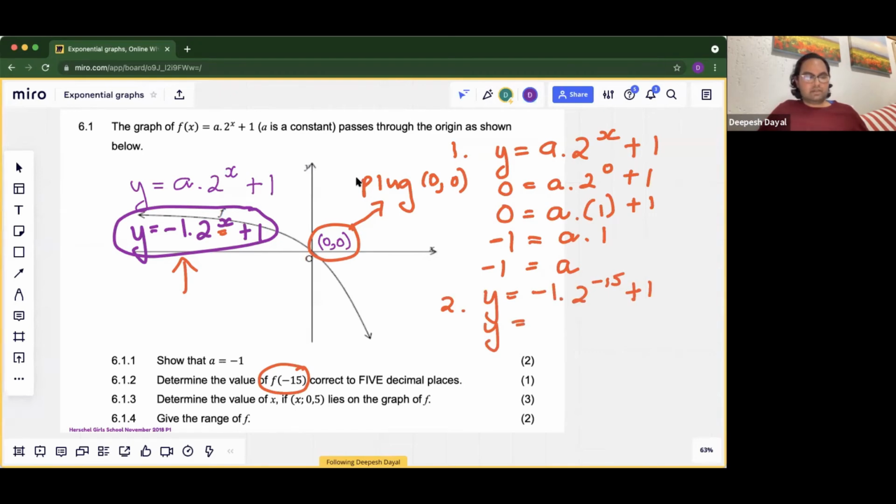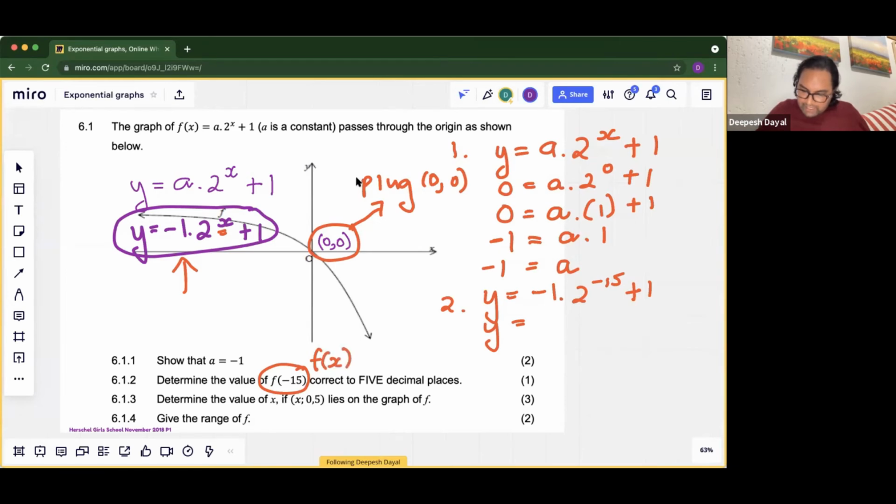What's the answer? Correct to 5 decimal places. Matlakhanola, we're placing it in the place of x because this is fx.